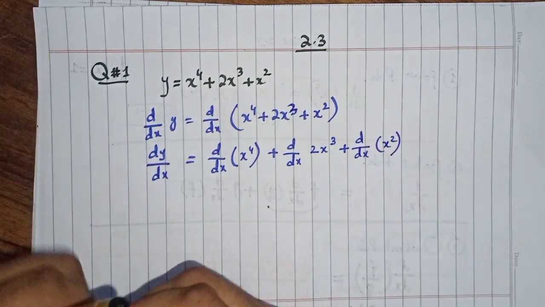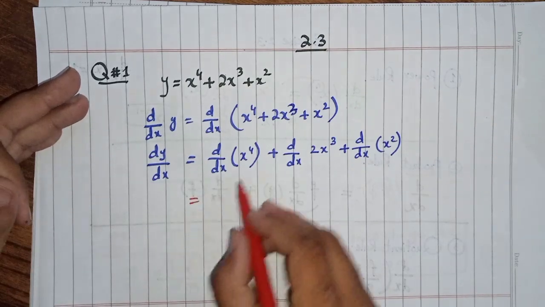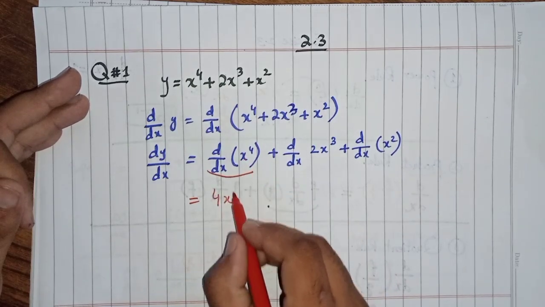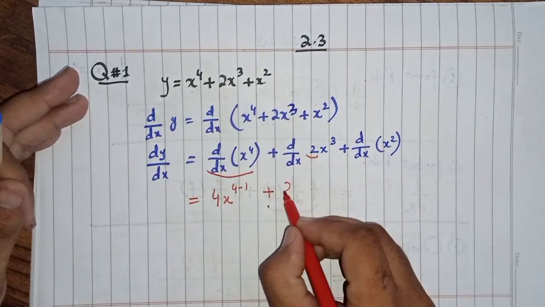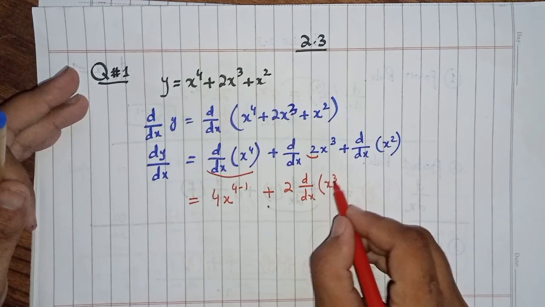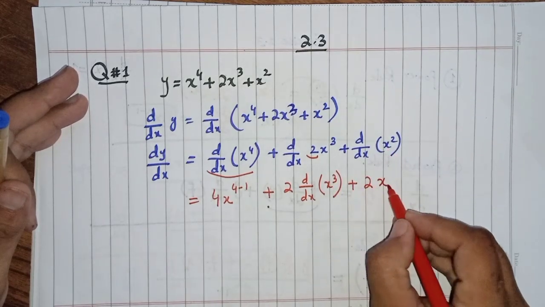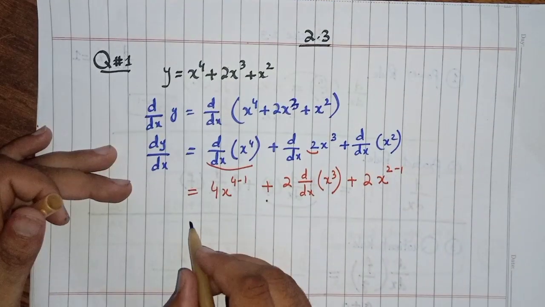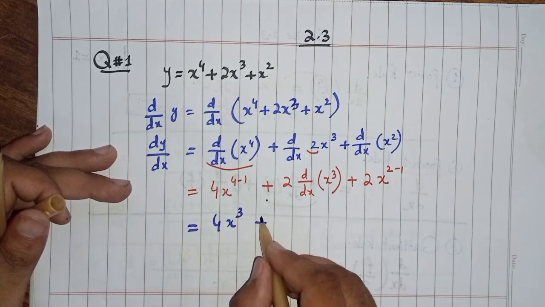Here we will apply the formula of power rule. If I apply power rule, this will be equal to 4x raised to the power 4 minus 1, plus here we will take 2 and this will be d over dx of x raised to the power 3, plus here we will apply power rule, so this will become 2x, with 2 minus 1 as the power. So this will be equal to 4x raised to the power 3 plus 2.